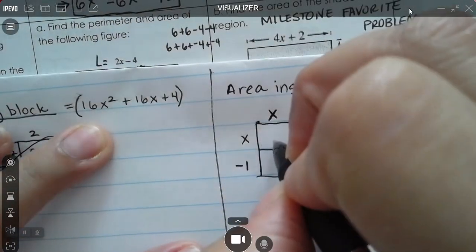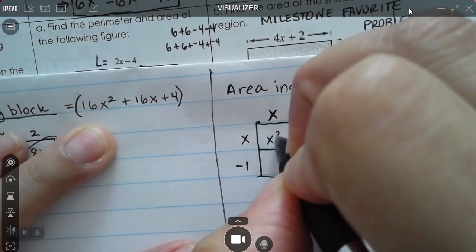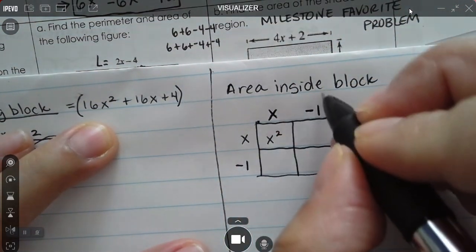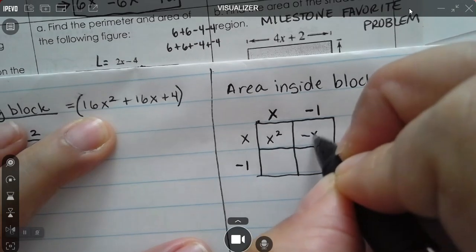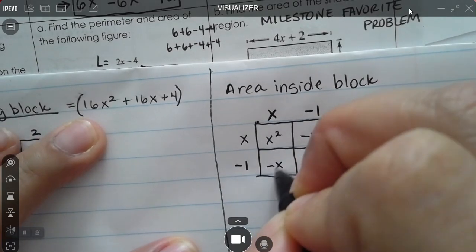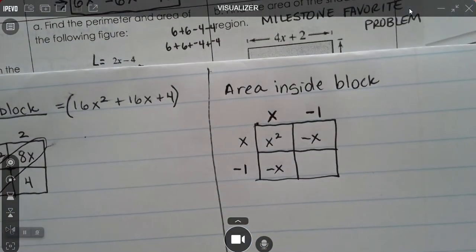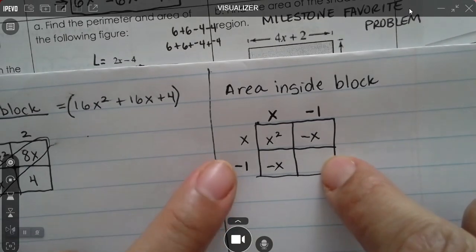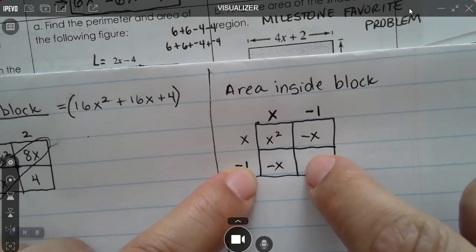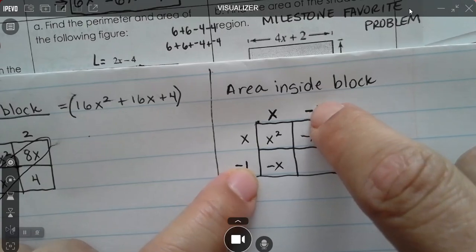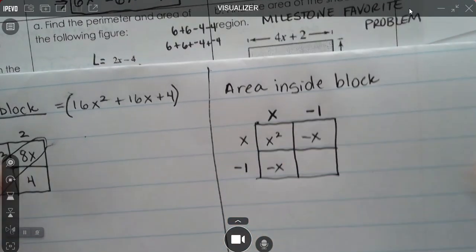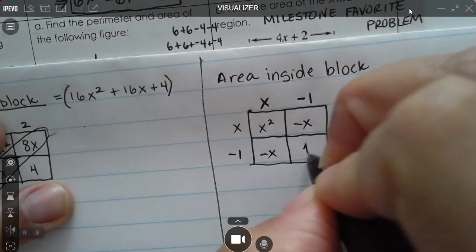X times x is just going to be, now this becomes negative x, and so does this one. But for the last block, it's negative 1 times a negative 1. And negative times negative make a positive, so this becomes a positive 1.